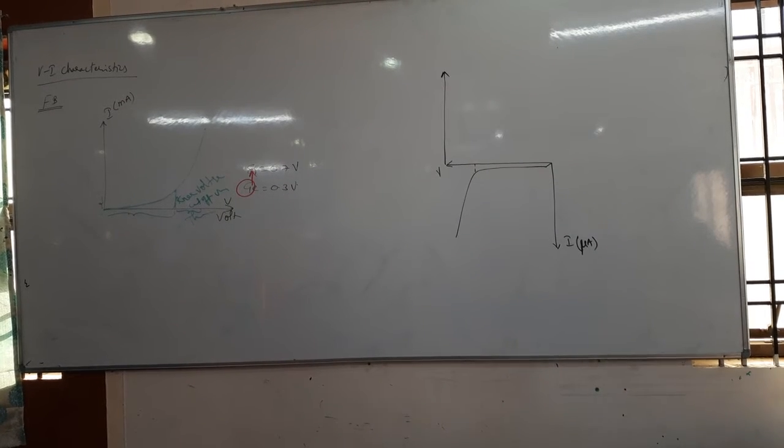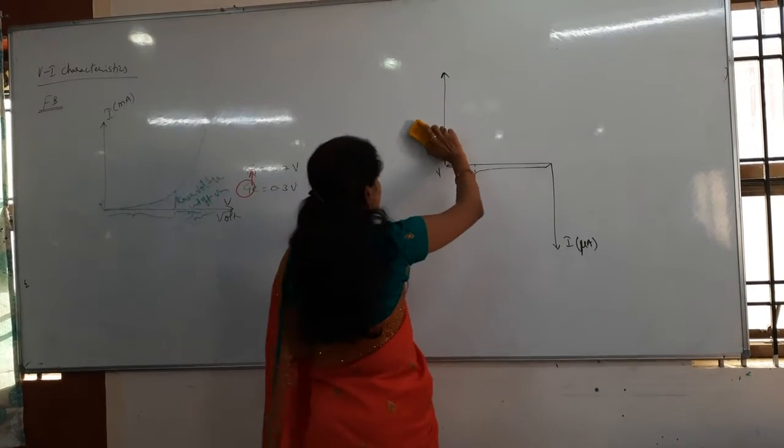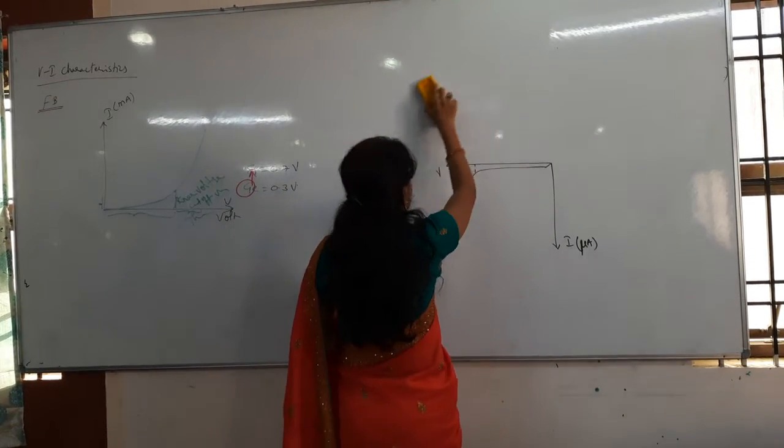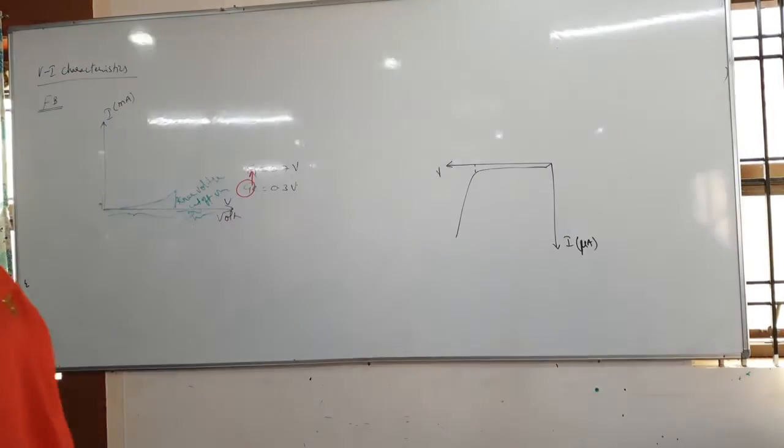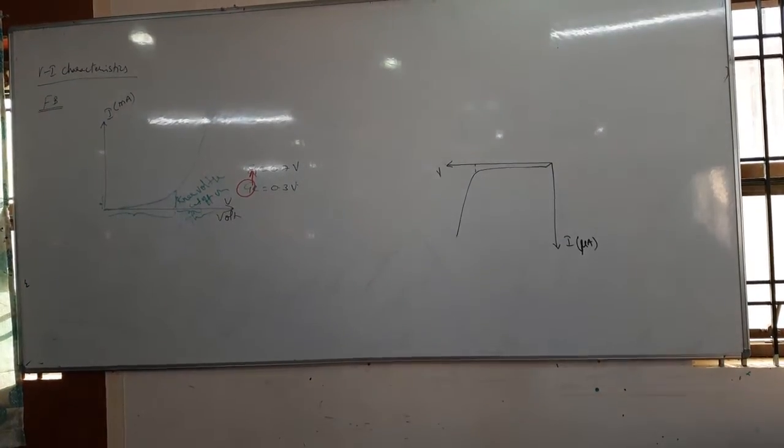Up to a limit of voltage, current increases slowly with the voltage.